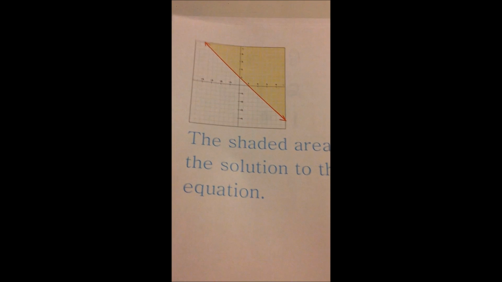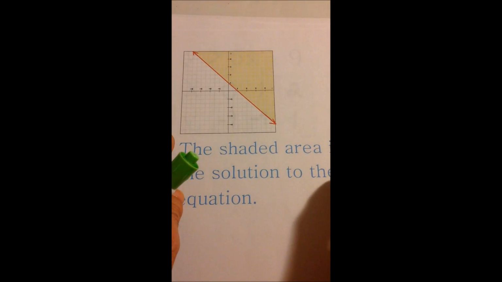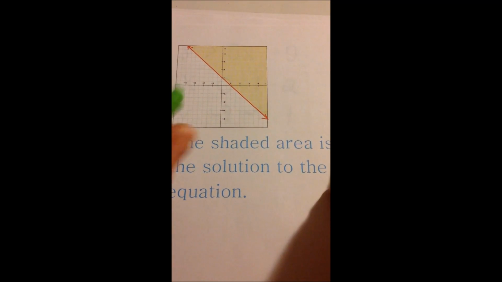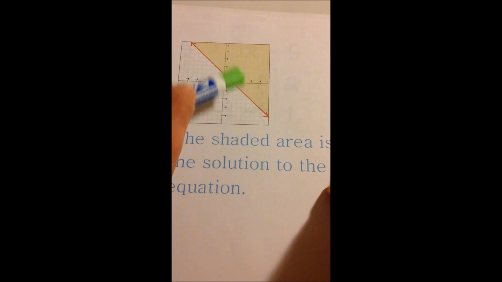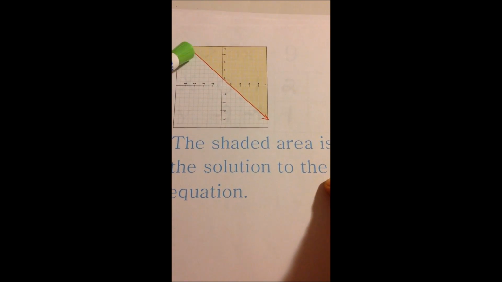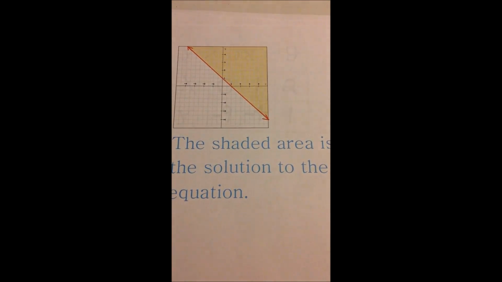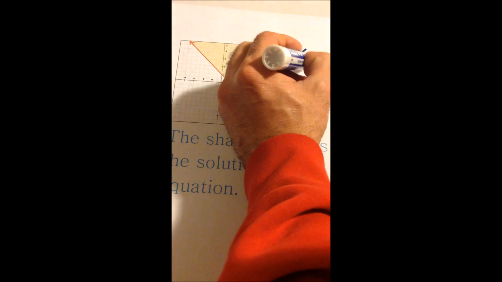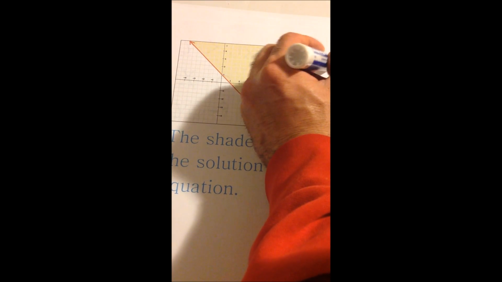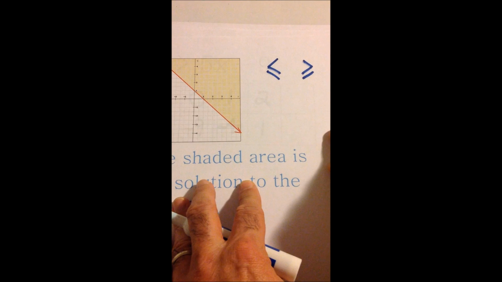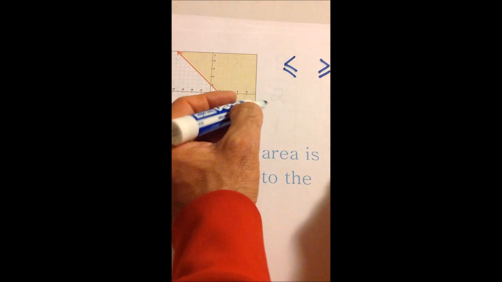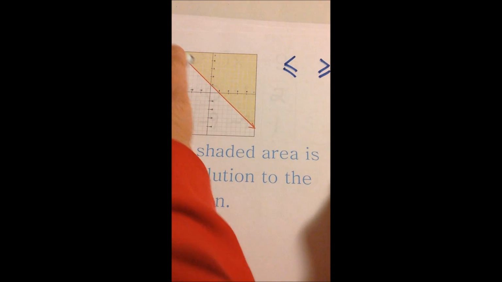So let's look at an inequality on a graph. The shaded area is the solution. This is the solution right here. Now you could either see a dotted line or a solid line. When you see a solid line, that means you're going to see one of these inequality signs. This means that y could be included on the line.